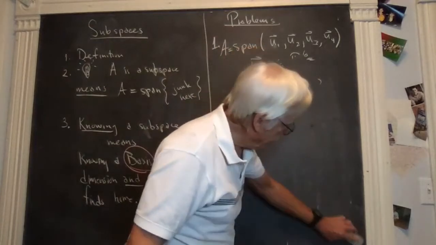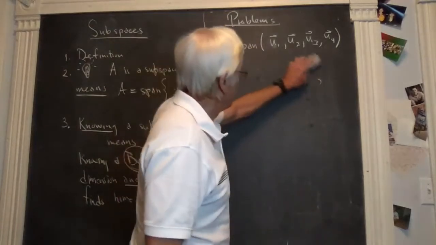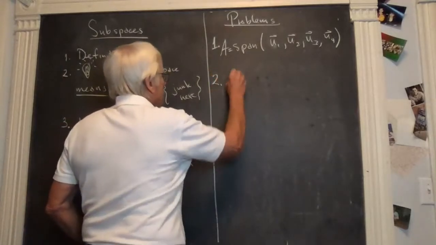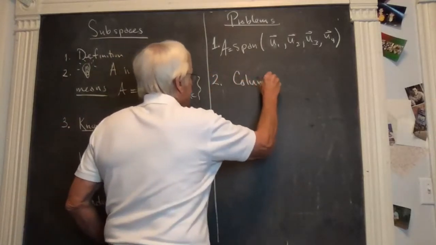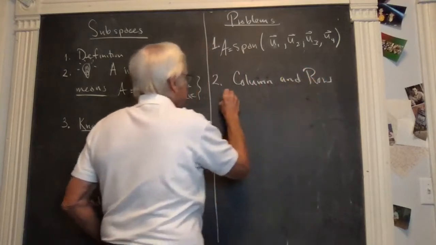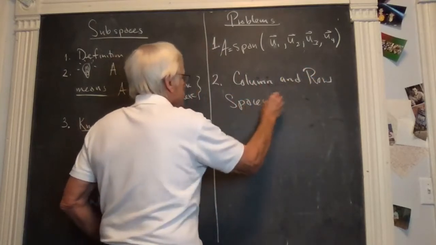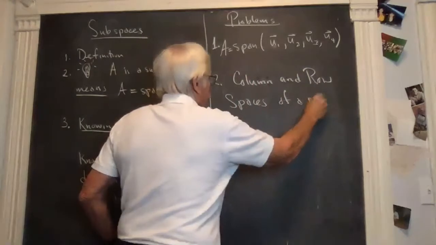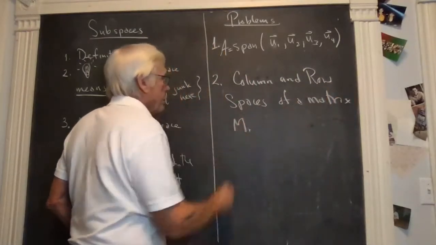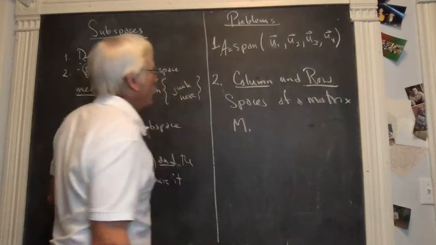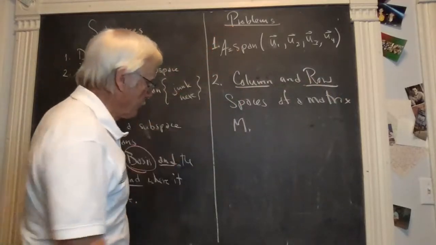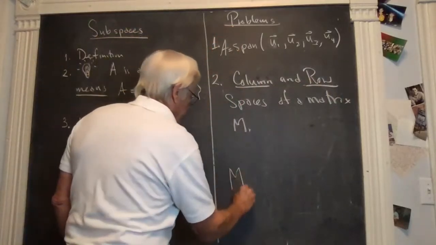Next easiest, I think, is the next section: column and row spaces of a matrix M. How do you do this? Well, this one is actually exactly like this. Let me do this by example.